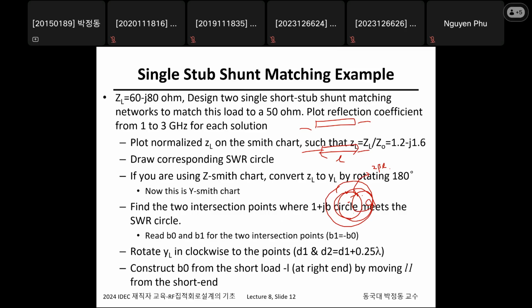Also, if you add a shunt component, if it is a capacitor, it is just jB, right? Just add jB over here.